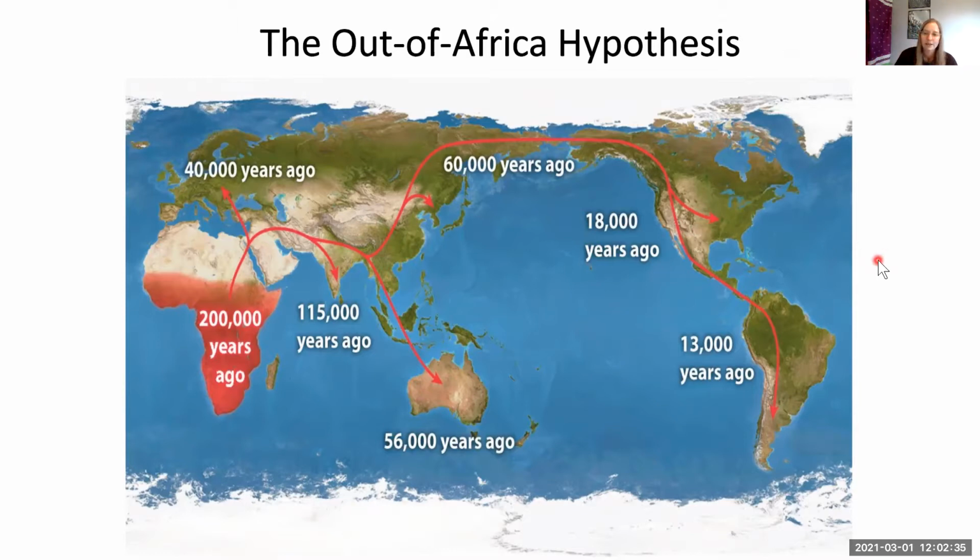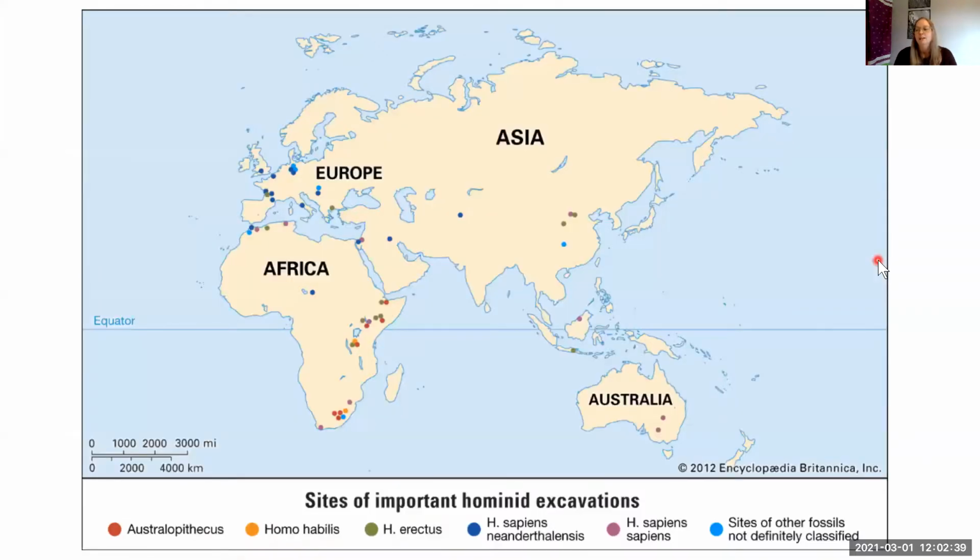One of the good evidences we have that the out of Africa hypothesis is true is by looking at the age of the fossils we're finding. So here in sub-Saharan Africa, you see a lot of red. Red is Australopithecus, which is older than Homo sapien.